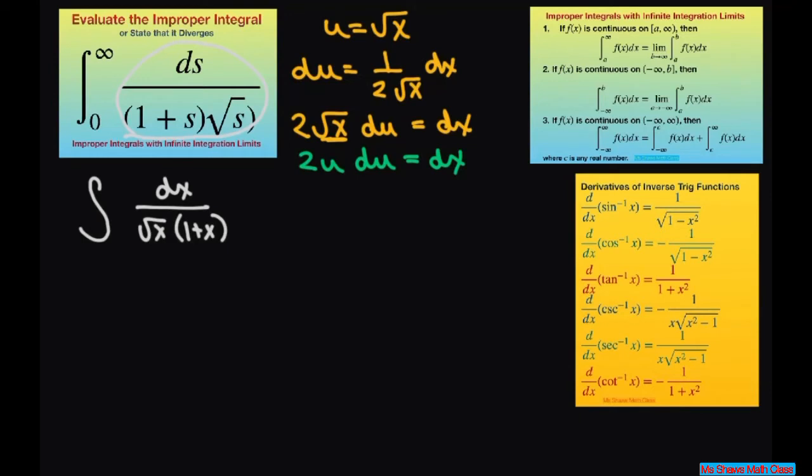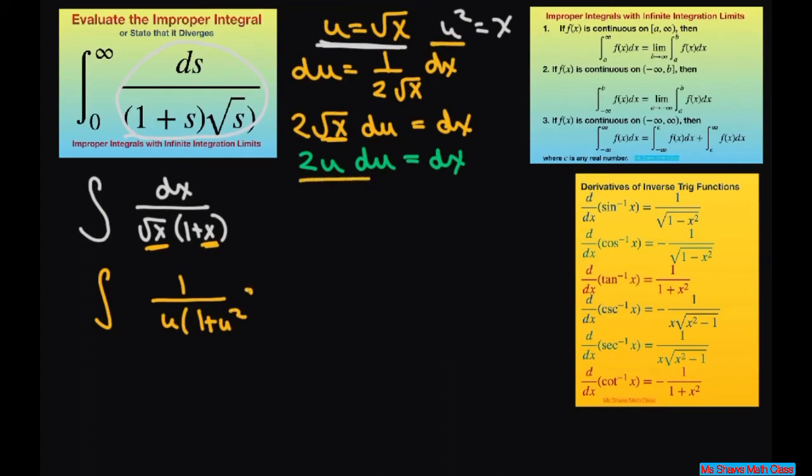Also, I can square both sides here and get u squared equals x. So basically what I can do is rewrite this as the integral of 1 divided by u, because u is square root of x, and then 1 plus u squared, because x is u squared, and then times dx, and dx is 2u du.